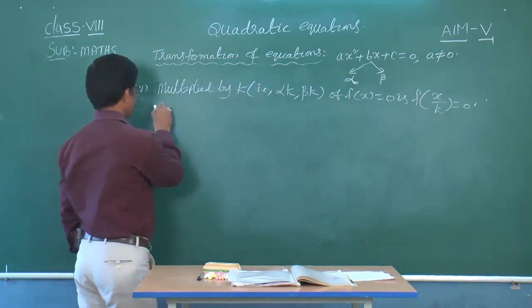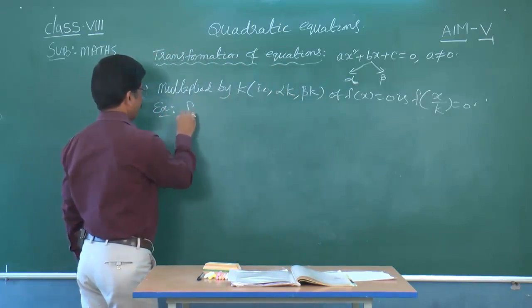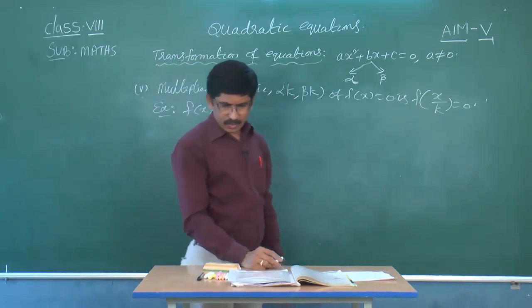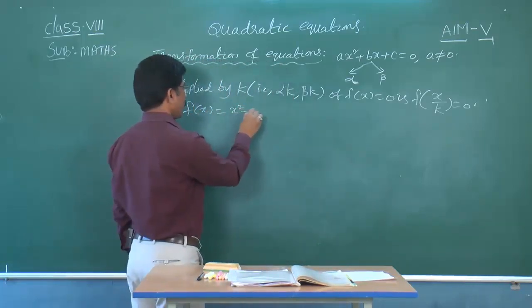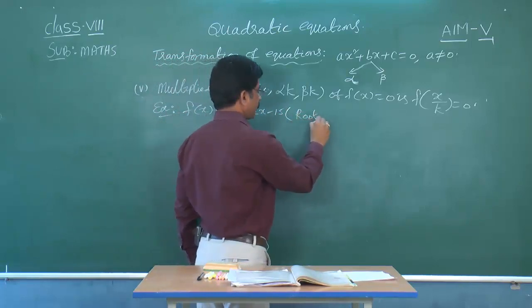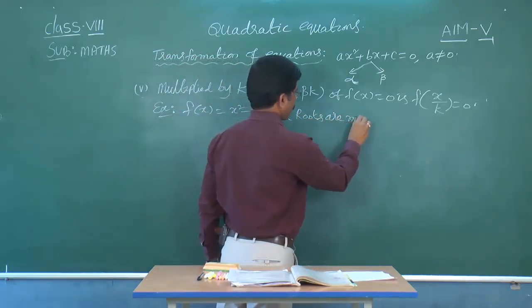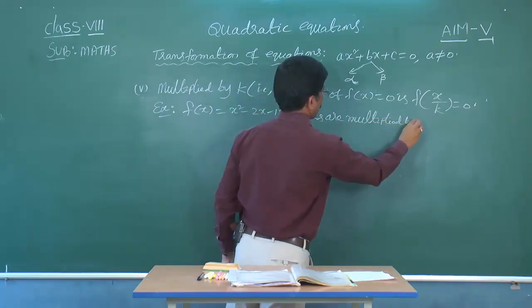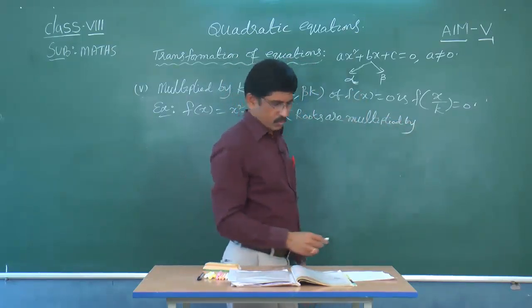See one example. f of x is x square minus 2x minus 15. Roots are multiplied by 2.